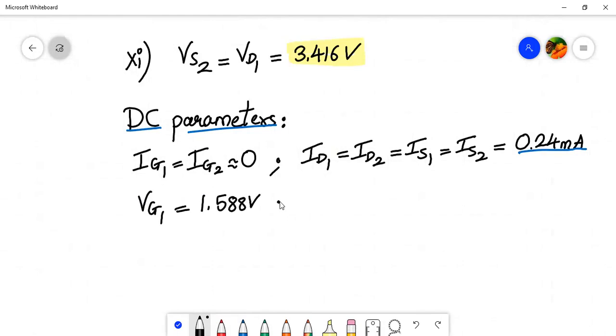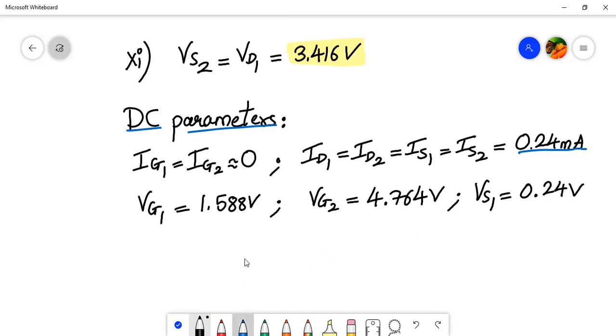Your VG1 value was 1.588 volt. Next, we found out the value of VG2. Definitely, it was a higher one. It's 4.764 volt. Next, we calculated the value of VS1, which was 0.24 volt. So we got the values of VG1, VG2, and VS1.